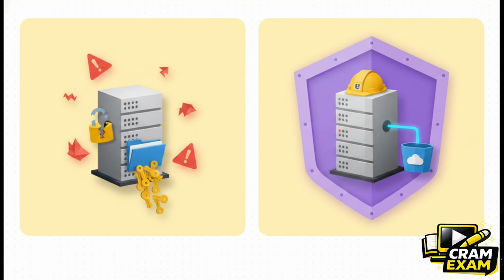Now, watch out for this exact trap in your exams and out there in real-world production environments. Let's say an application running on an EC2 instance needs to access S3. A developer creates an IAM user, generates long-term access keys, and places them in a shared credentials file right there on the server. Sure, the application works perfectly, but this is a critical security failure.